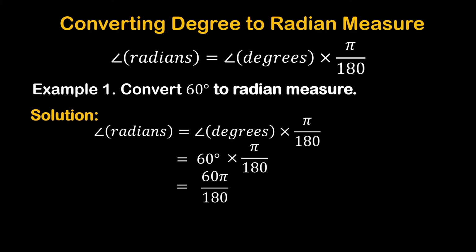Of course, we can simplify this one. If we simplify 60 pi over 180, that is 1/3 pi radian or pi over 3 radian. So, that means 60 degree is equal to 1/3 pi radian.